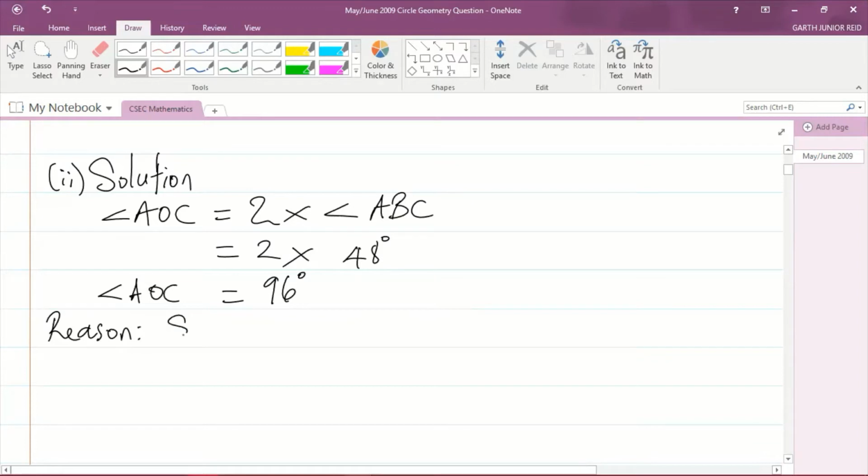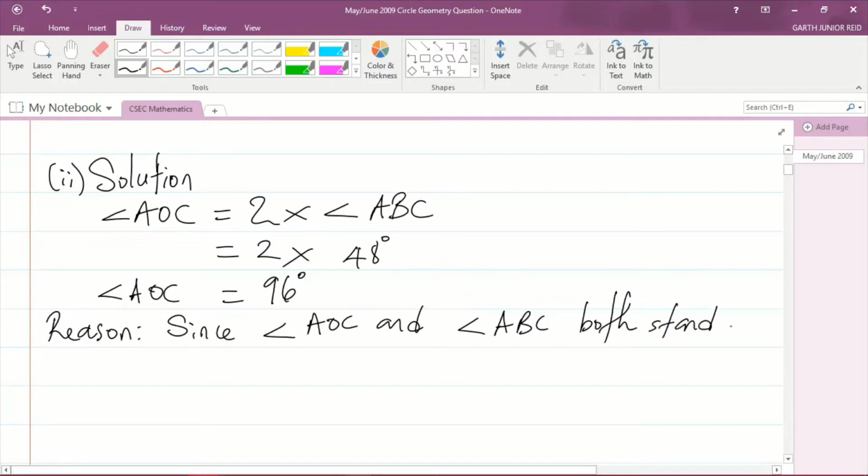So our reason is that since the angle AOC and the angle ABC both stand on the same chord, all right, on the same chord.